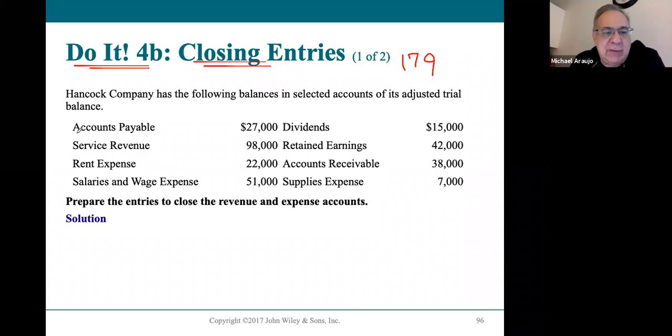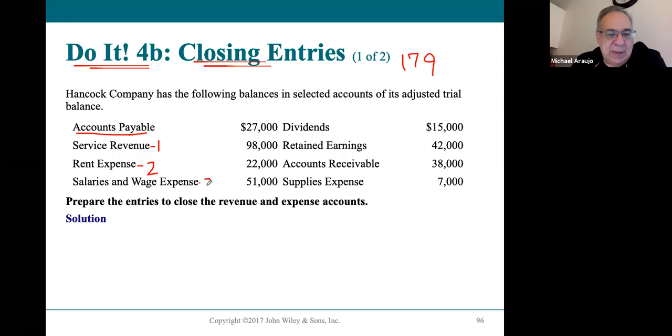So if you notice here, the very first account that's listed is accounts payable. That's a liability. That's not included in the closing entries because a liability account is not a revenue account, it's not an expense account, and it's certainly not the dividends account. So we don't even have to pay attention to this first number. The revenue account, we need revenue. That's part of our first step. The expense accounts, yes, that is step 2.